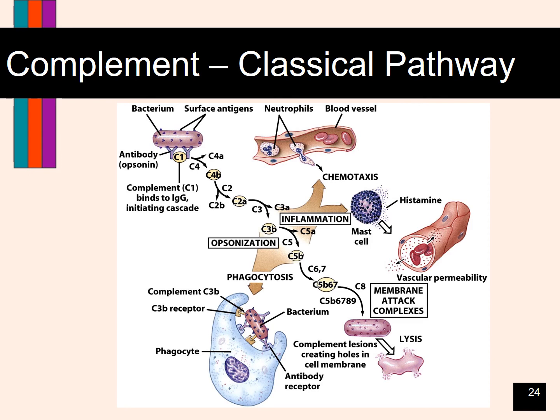It's not binding directly to the bacterium, which might have an antiphagocytic capsule that it doesn't recognize, but it definitely would recognize the stem part of the Y-shaped antibody. It could recognize that easily, or it could recognize the C3b.